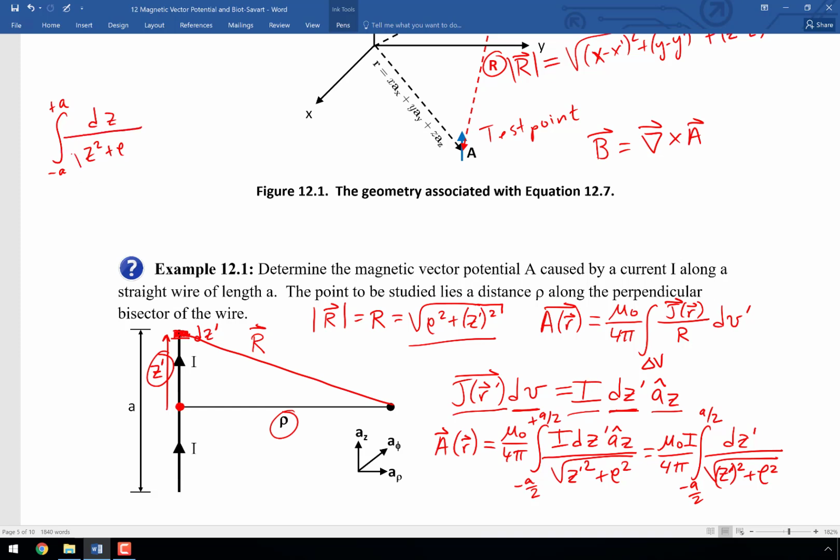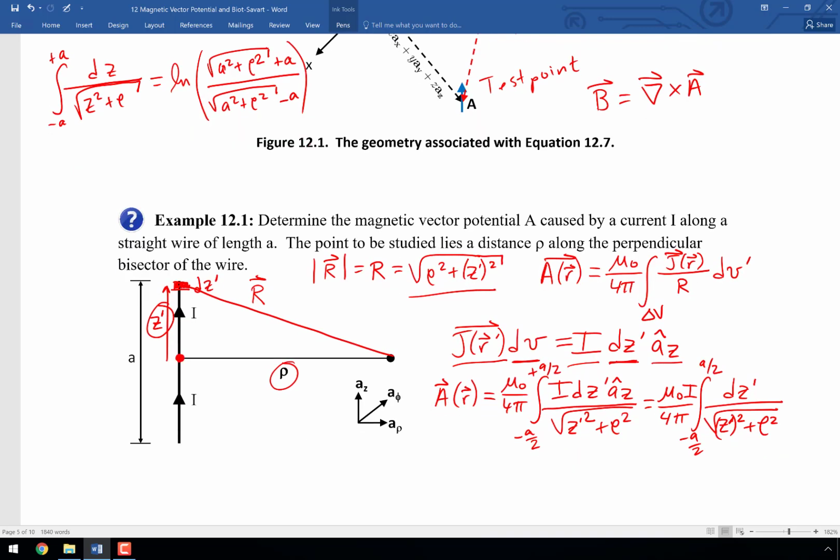So there we go, this is a square root in the denominator. If we want to take that integral, it is actually a natural log of the square root of a squared plus rho squared, plus a, divided by the square root of a squared plus rho squared, minus a. So that's one of the equations in the useful integral tables, and it's definitely going to be a useful integral to us today.